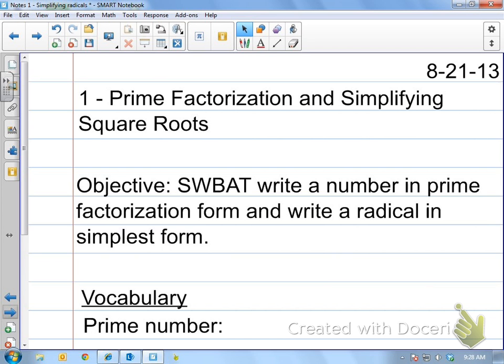In order to accomplish our goal today, we need to know a few vocabulary words because I'll be saying these words a lot today.